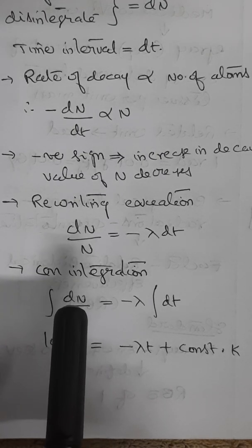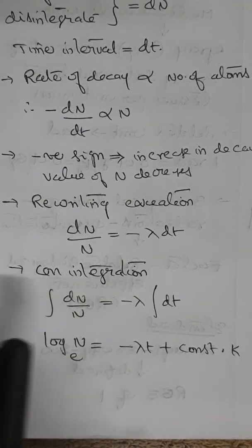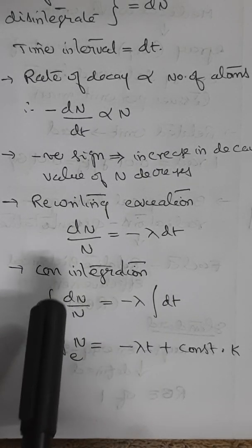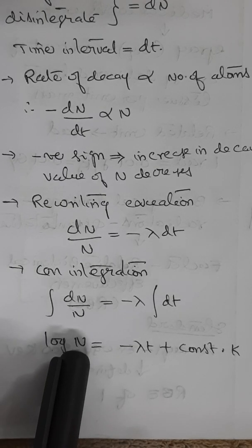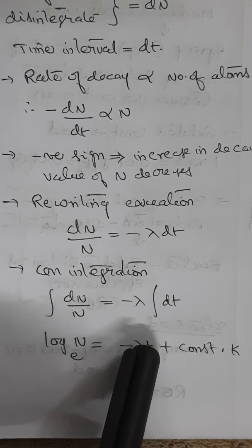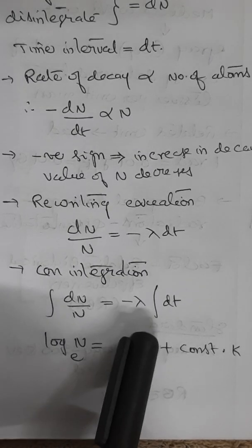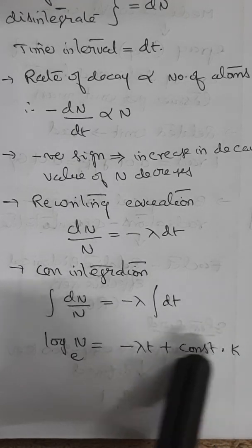Here lambda is the decay constant. So we can write this as log N to the base e is equal to minus lambda into integral dt, which is nothing but t. Therefore log N to the base e equals minus lambda t plus a constant k.